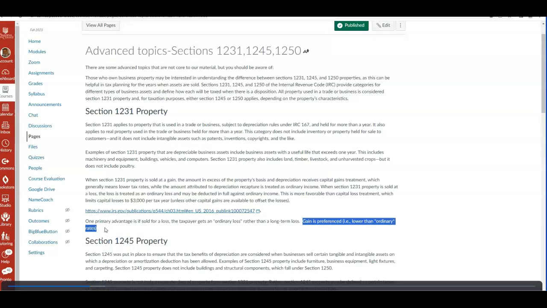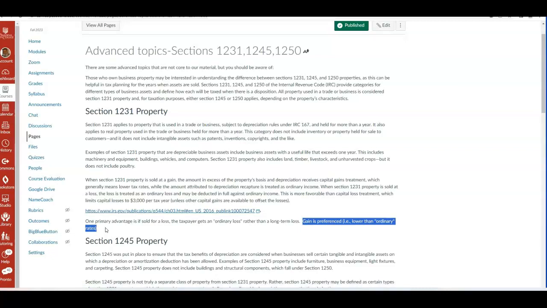Normally you have favorable rates, which are 0%, 15%, and 20%. And any gain that comes from depreciation recapture will be treated as ordinary income, and you pay tax as ordinary income.